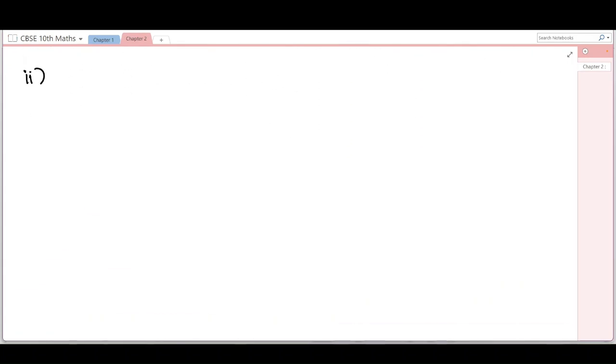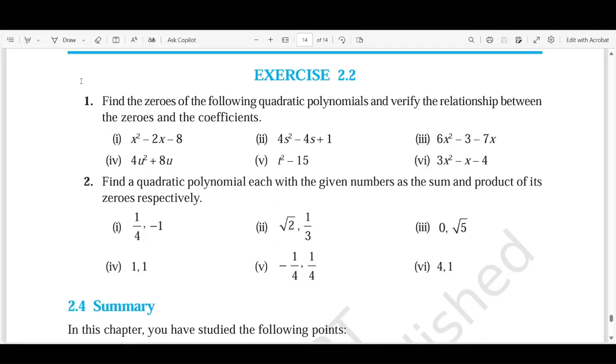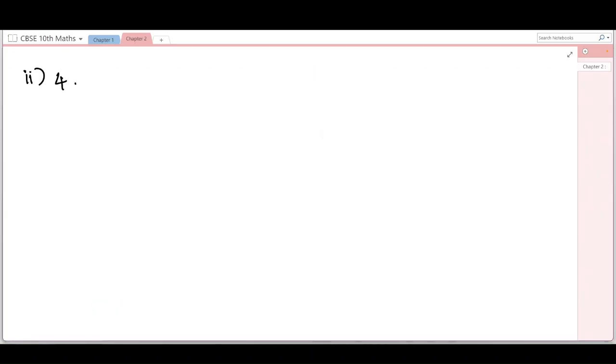Question number 2, 4s square minus 4s plus 1. If you factorize it, by multiplying the coefficient of s square with the constant term, you will get 4. If you multiply, you should get 4, and if you add, you should get minus 4. So minus 2, minus 2.